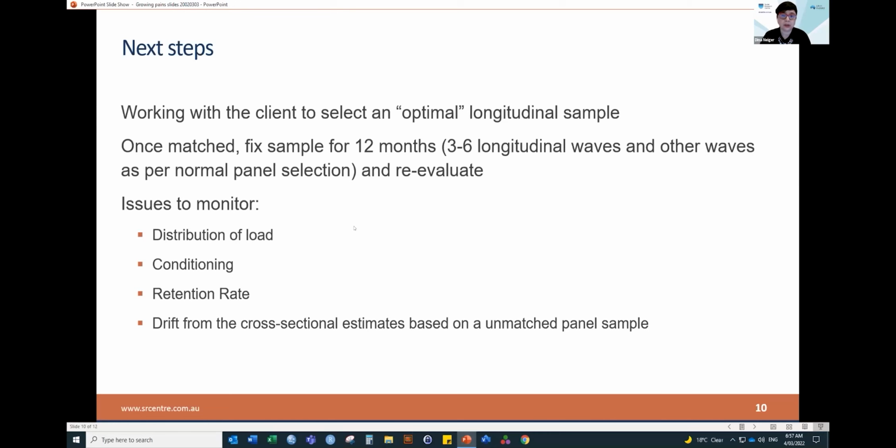And continuing to make sure that we fix the longitudinal sample going forward and don't keep trying to create a new one. So if we created one in January, that becomes the longitudinal sample for the next 12 to 18 months, or however long the client needs to keep it, so that it doesn't drift.